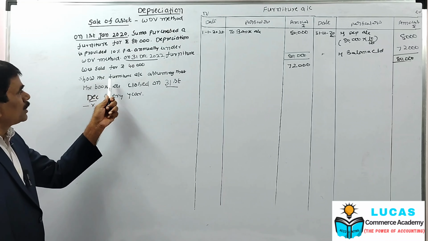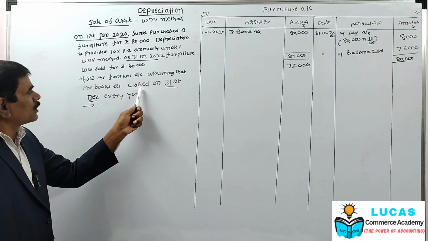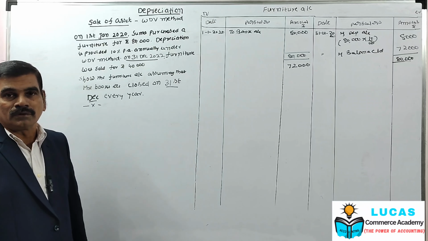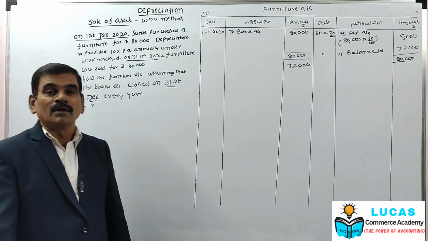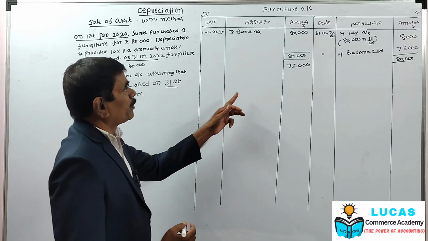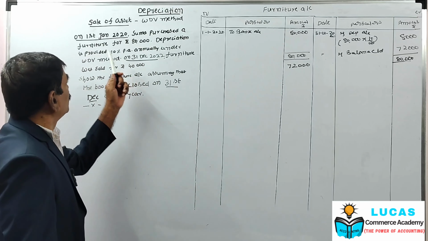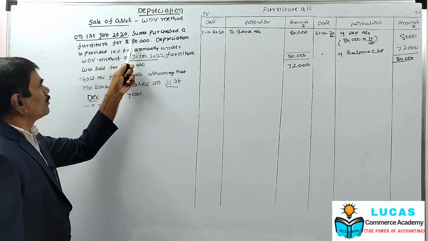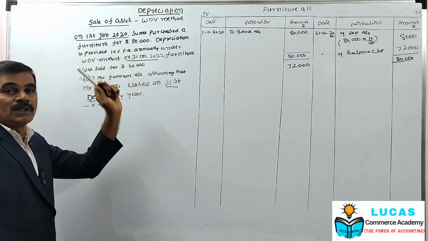Next, show the furniture account assuming that the books are closed on 31st December every year. This is the most important. Already I told you, first you scan the problem, then decide when the books are closed. So let us prepare the furniture account. On 1st January 2020, Suma purchased furniture for rupees 80,000, so that means purchase of asset.